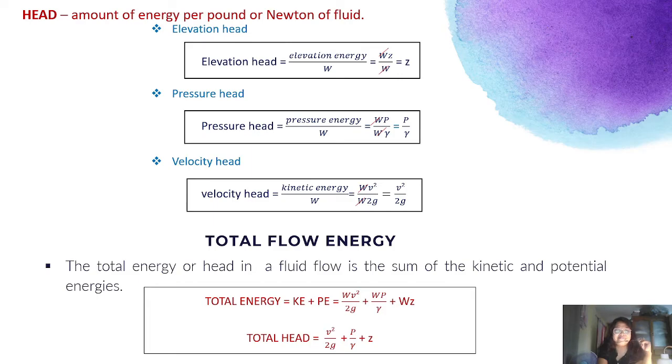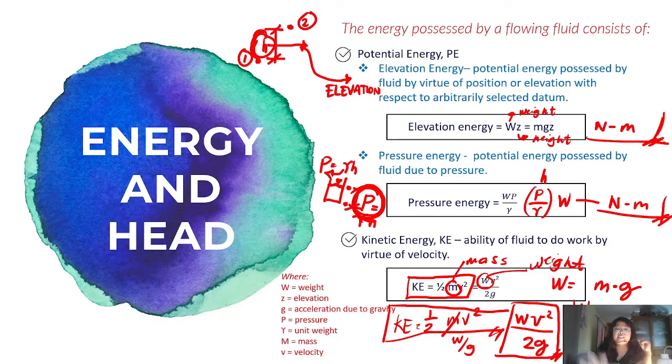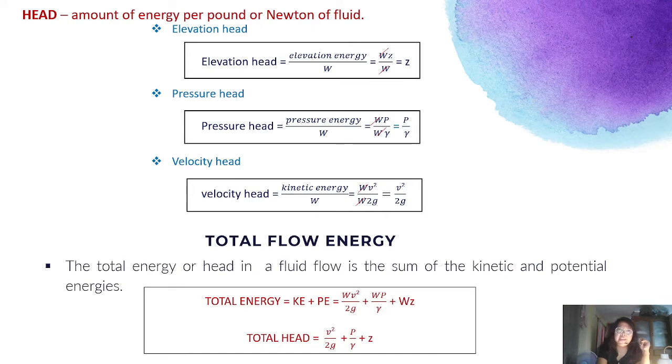Ayan. So, ito is in terms of energy. Lahat ng makukuha mo dyan na unit is in terms of Newton meter, or pound feet kung naka-English. Ngayon, i-transfer ko siya into head, or meter.